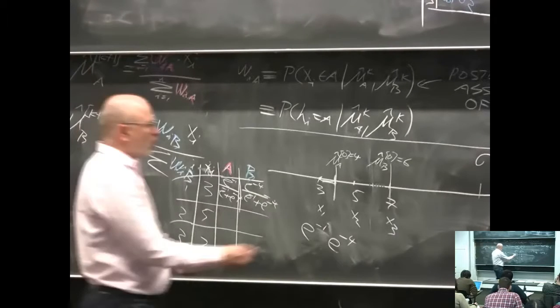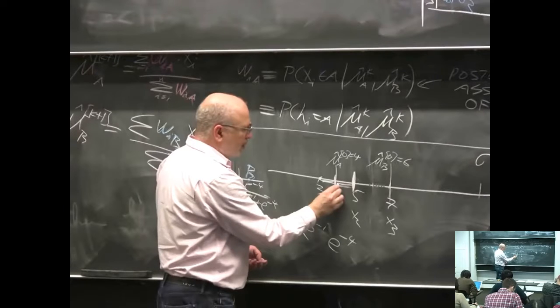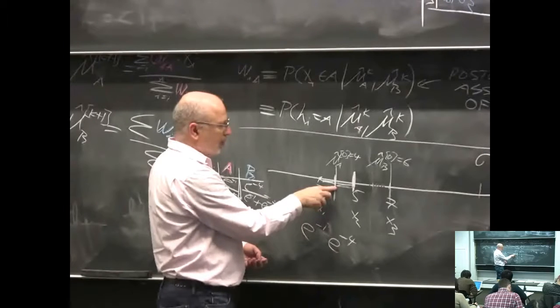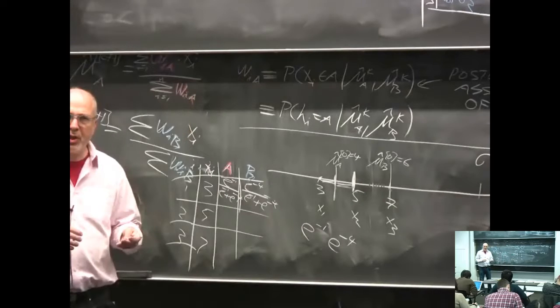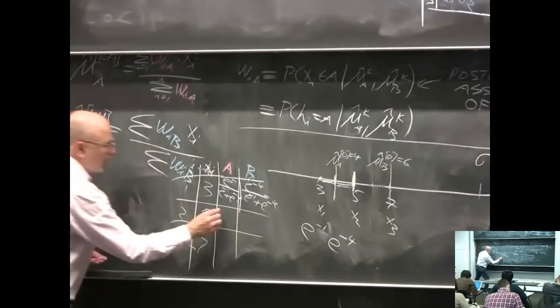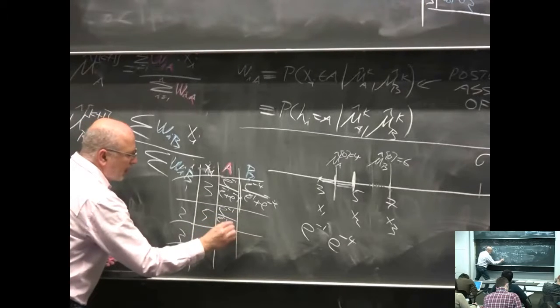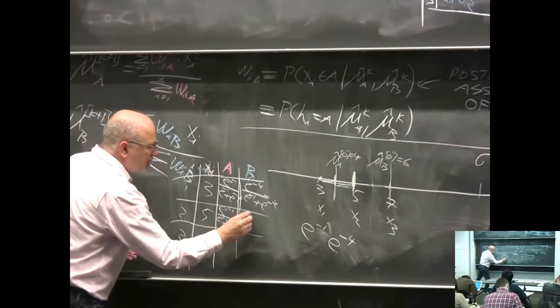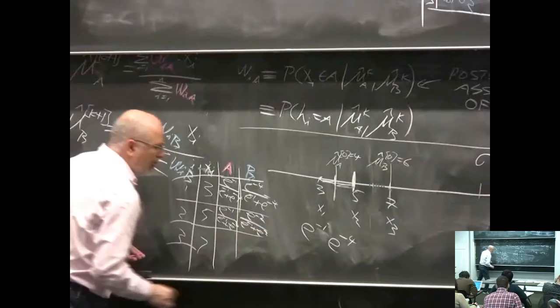What would be the situation with 5? Here you have 1 standard deviation from 5 to this mean, and here you have 2 standard deviations. Now the proportions are not going to be so bad, right? It's going to be e to the negative 1 over e to the negative 1 plus e to the negative 2. And this is going to be e to the negative 2 over e to the negative 1 plus e to the negative 2.